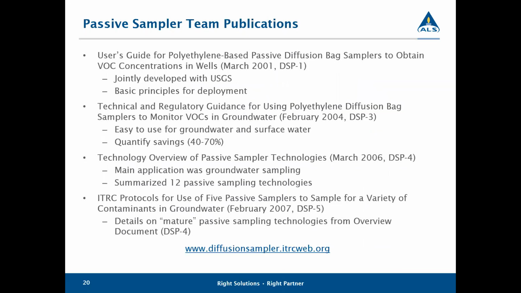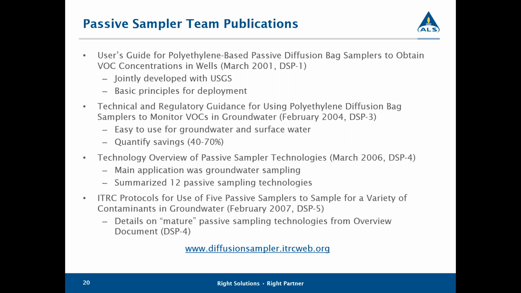As I mentioned, there's lots of guidance documents out here regarding passive sampling. These go far more in depth than I'd be able to in a webinar. There's years and years of studies. These guidance documents include passive diffusion bags and RPP samplers, but they'll also provide lots more information on other types of passive samplers as well. These are all produced by the ITRC.